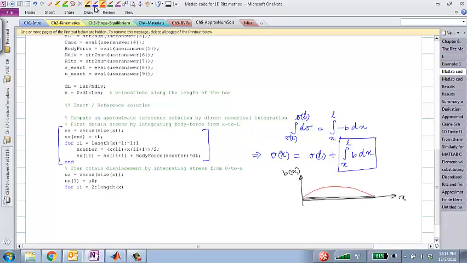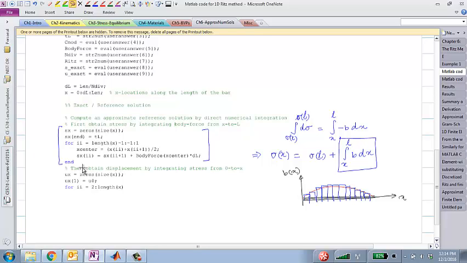What I'm saying is that I'll divide my bar up into those 100 divisions, calculate the height of each of these rectangles, because I know the body force function, and then I'll sum up the height of these rectangles, and that would be the integral b dx. That would immediately give me a function for stress. Make sense? All I'm doing is integral b dx in that blue bracket in that Matlab code.